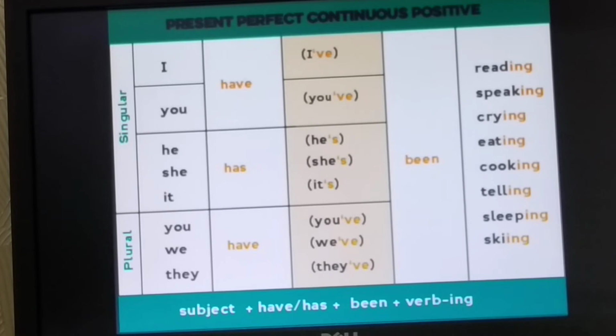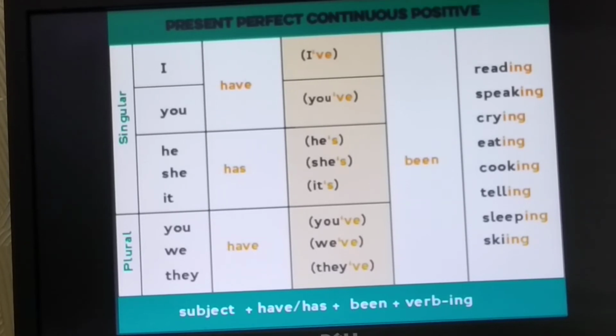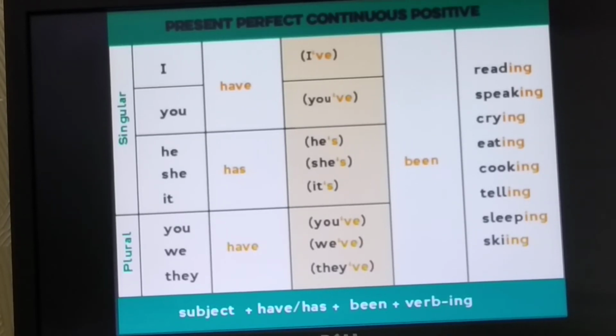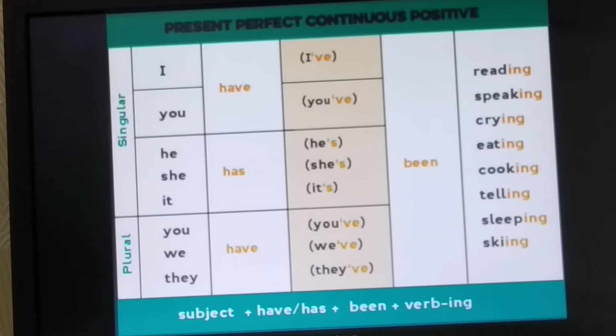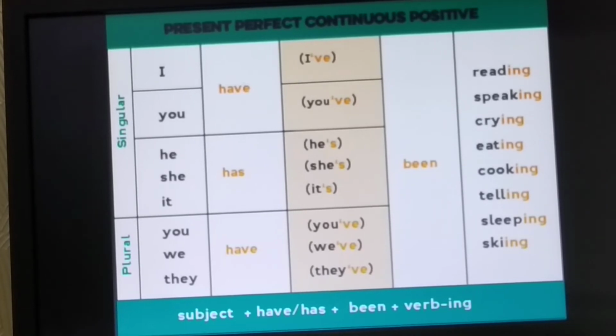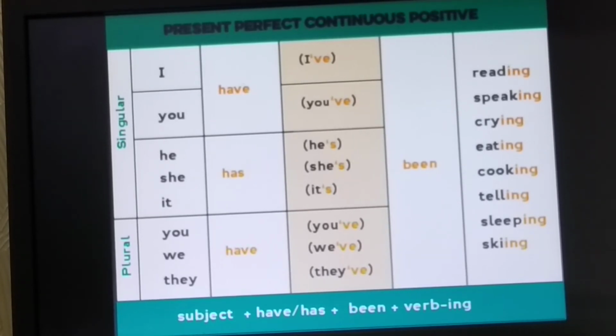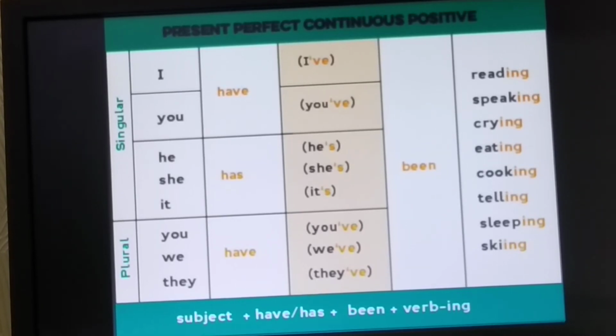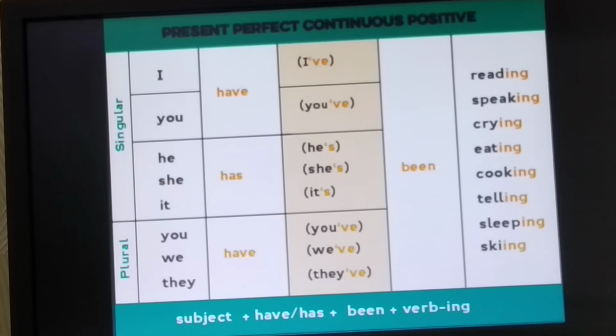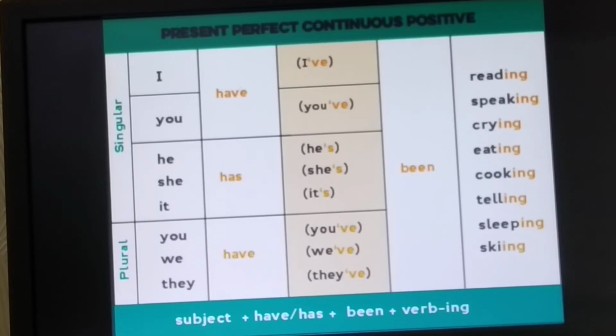You have been telling, we have been sleeping, they have been skiing. In all these cases, what we will see is when we have third person singular number as the subject, for example, he, she or it, we have used has. In all other cases, we have used have as the be verb.